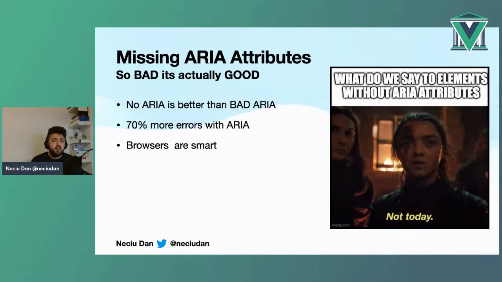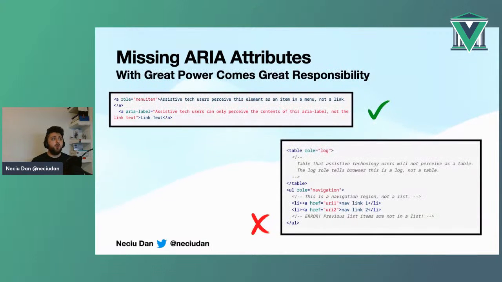One reason for this is that the browser is pretty smart at inheriting or guessing the actual attributes, and if you override them with empty strings or bad content, you are basically breaking the native HTML features. So with ARIA attributes, with great power also comes great responsibility.